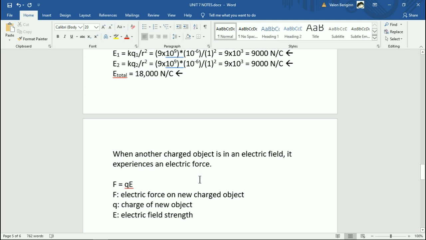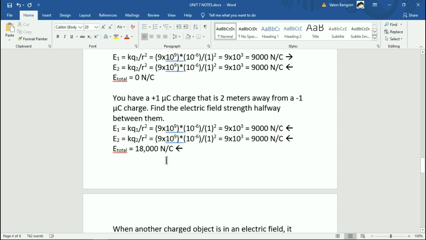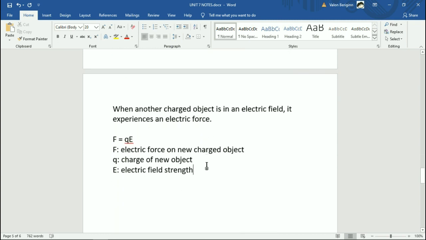So in other words, you have an electric field created by a charge. You do all the math, figuring out the total field strength. You do all of this work. Then you say, okay, I put some new charge into this field, and it feels this force.